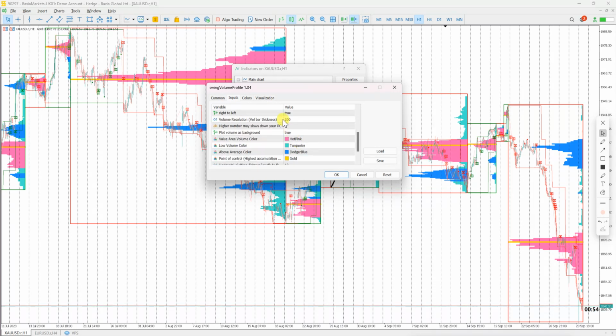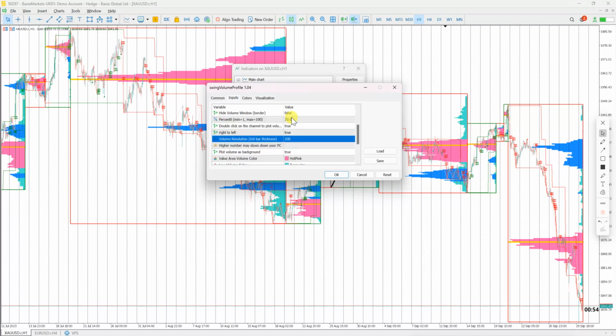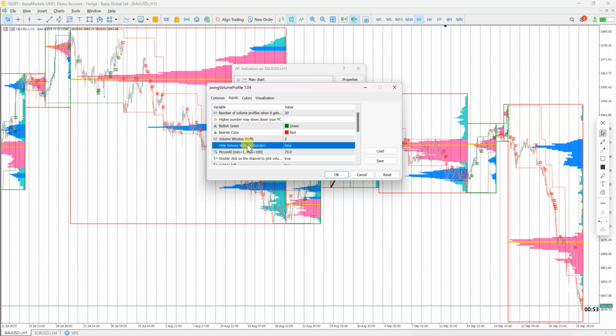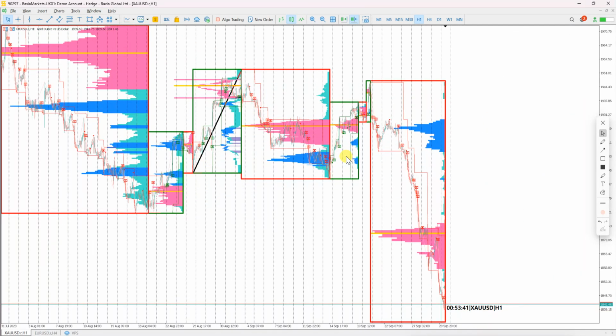Where is that frame? Here, hide volume window or border. You can change the width to 5, and it will become thicker.